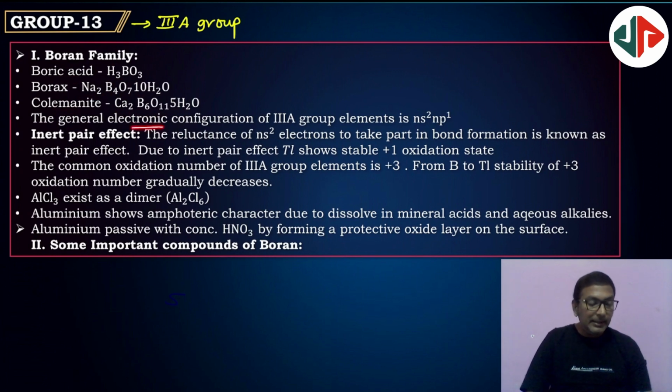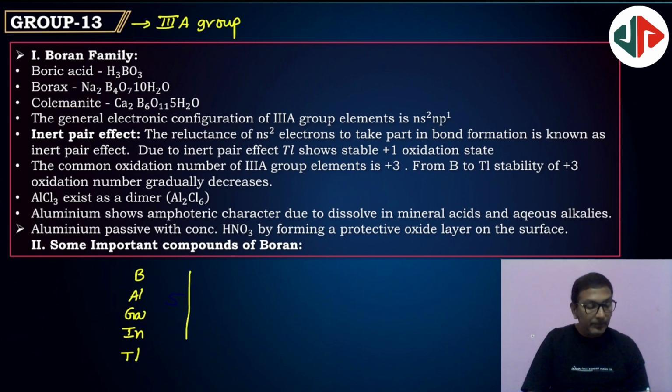Next, the general electronic configuration of third group elements is ns2 np1. That means 3 valence electrons. Next, the inert pair effect is very important. Boron, aluminium, gallium, indium, thallium.